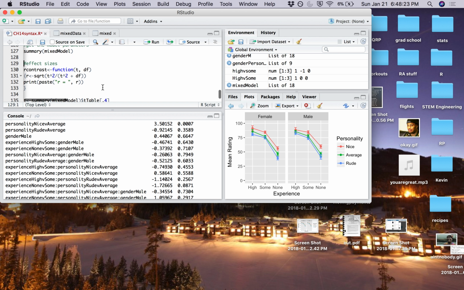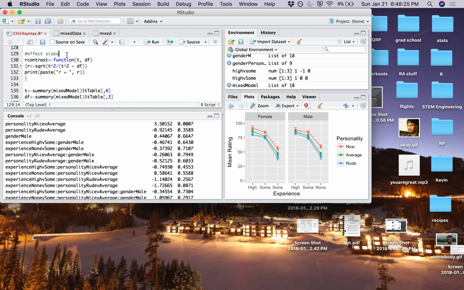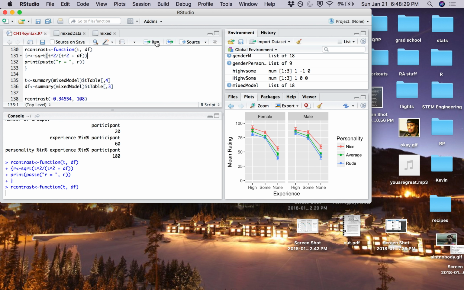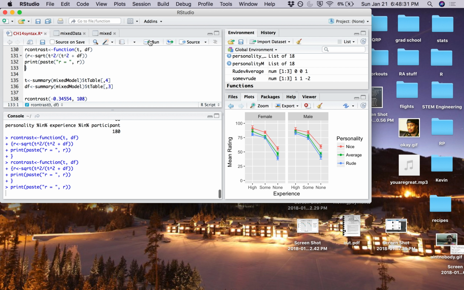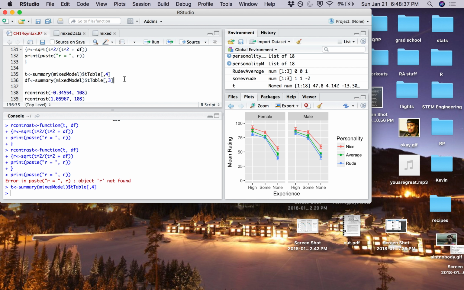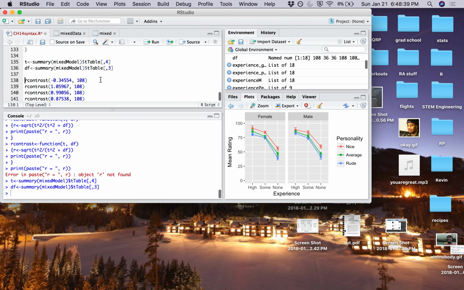So lastly, we are going to calculate the effect sizes. So for these, we have to specify the value of t for the effect we want to quantify and the associated degrees of freedom with it.